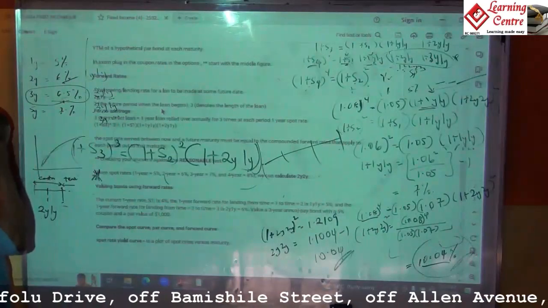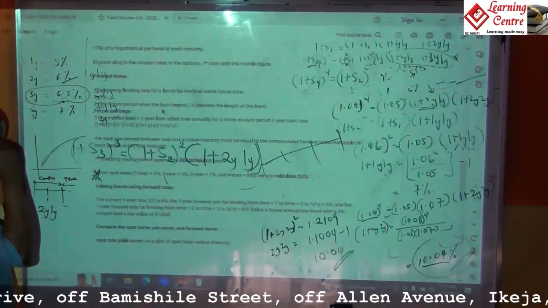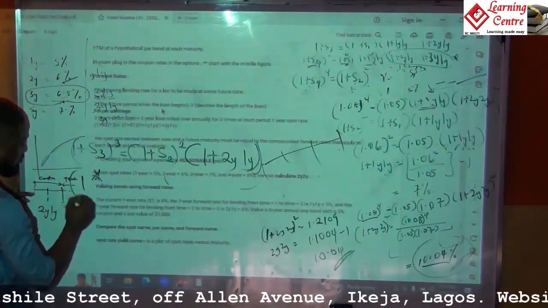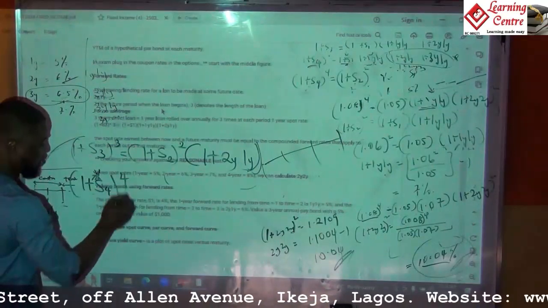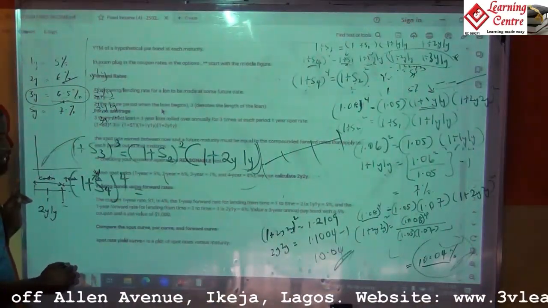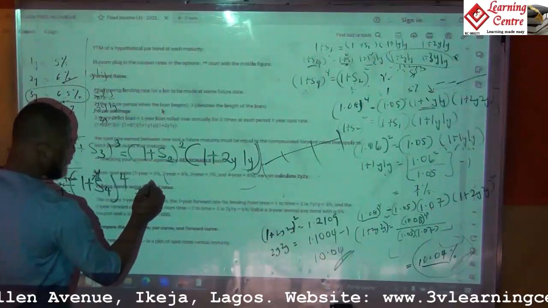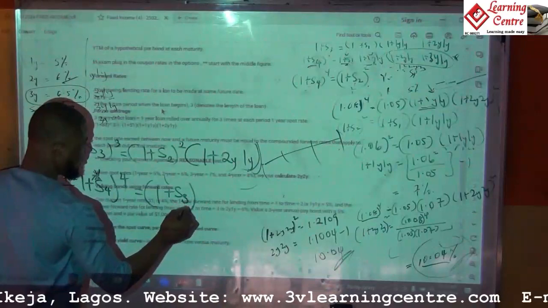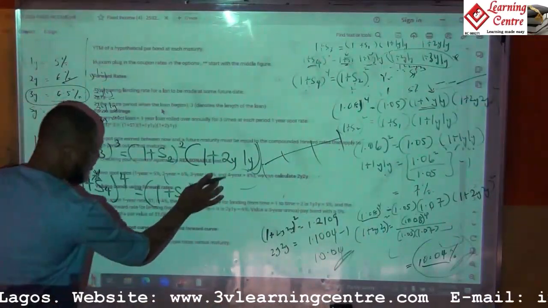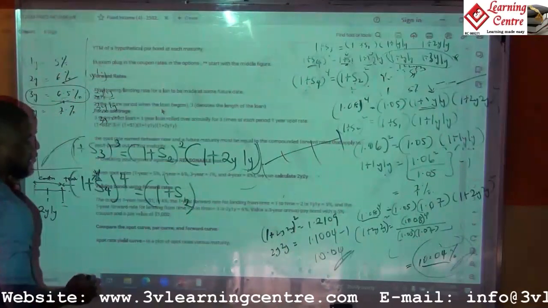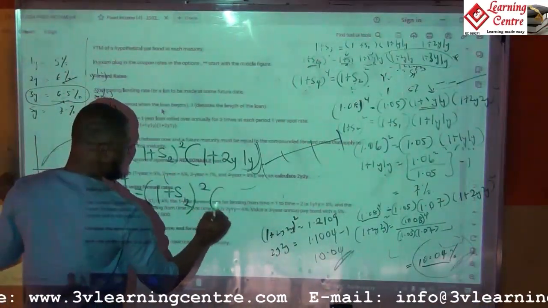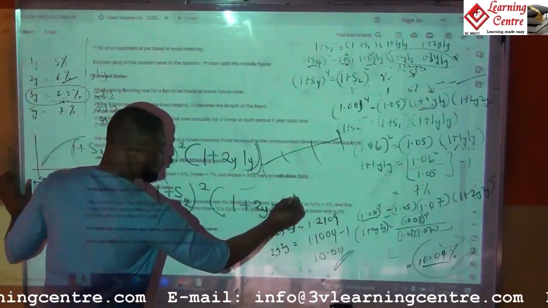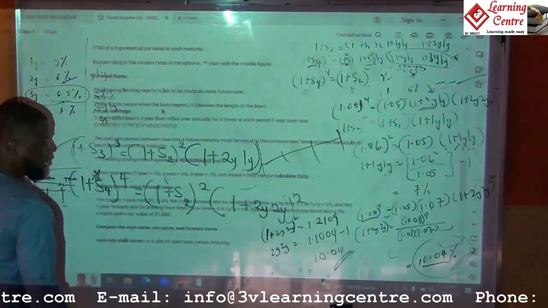So if I change this one to (1 + S4)^4, and I make this one (1 + S3)^3, and I make this one (1 + S2) squared, and I make this one (1 + 2y1y), I'll square it.